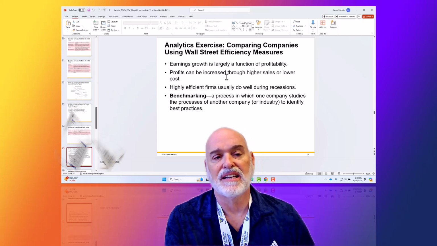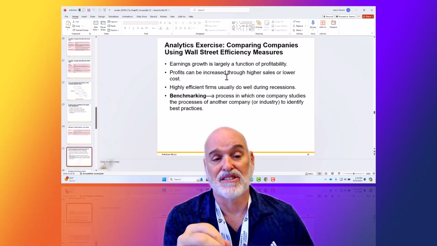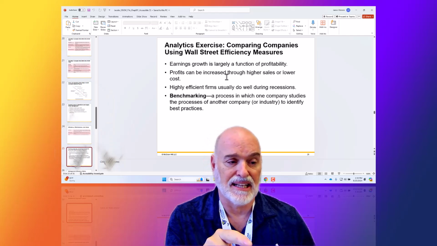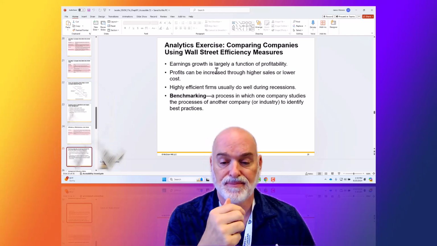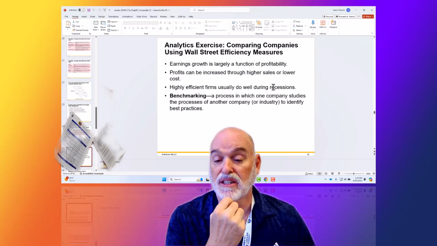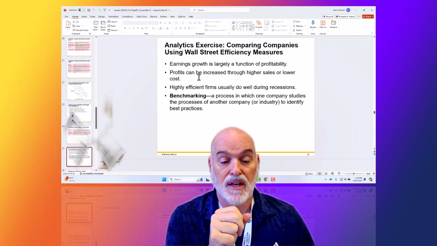So a company that is growing in sales, and whose profit is increasing at a higher percentage than the sales, is the kind of sweet spot that I'd like to see in a company I would like to invest in. Also, highly efficient firms usually do well during recessions, because they're keeping an eye on the bottom line.